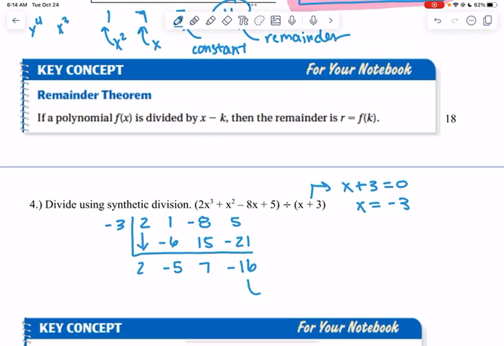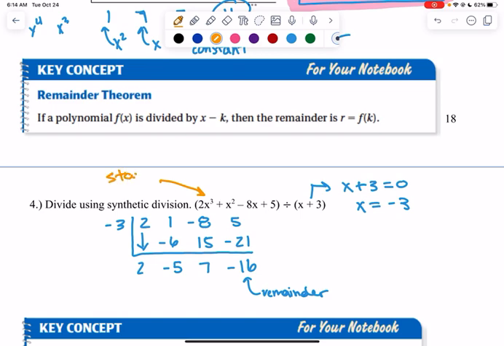So again, last number is remainder. And if you start with an x cubed, guys, every time you divide, it goes down 1 degree.